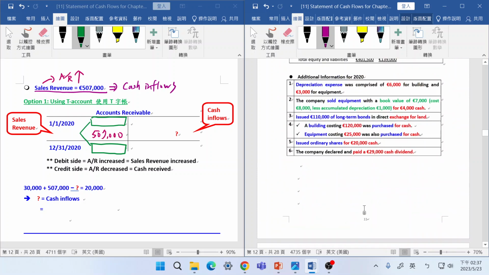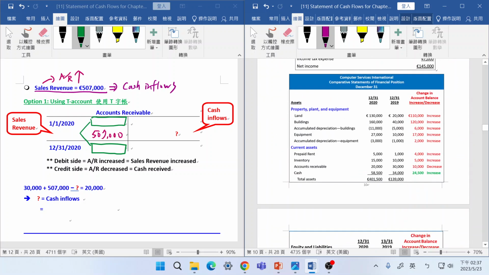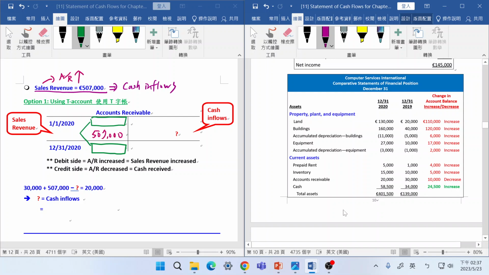Did you find the beginning balance and ending balance? Accounts receivable. Where is accounts receivable? Right here, right? So look at accounts receivable right here. Where is your beginning balance? The ending balance from last year is your beginning balance, right? So this is your beginning balance. And December 31st, 2020 is your ending balance, right?